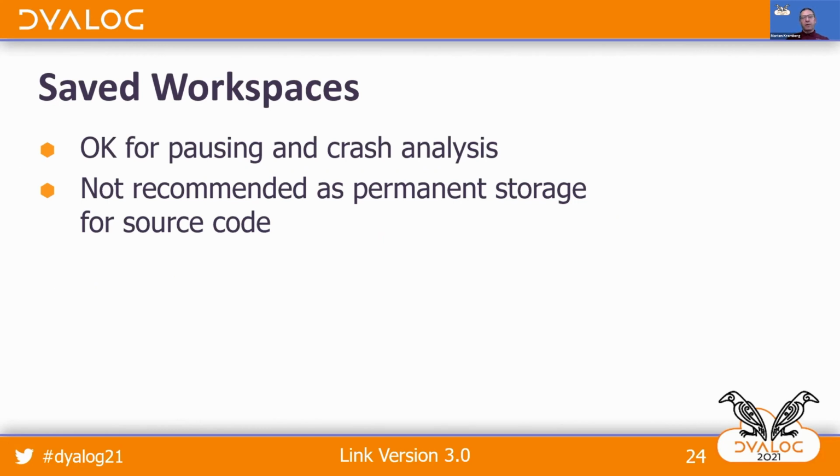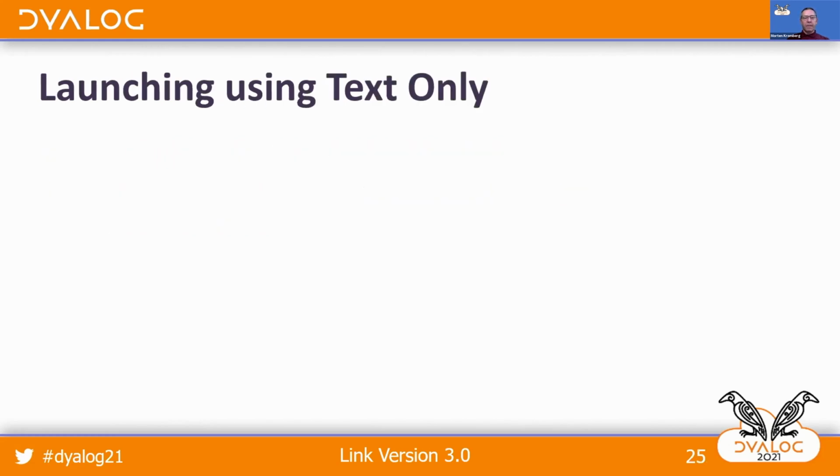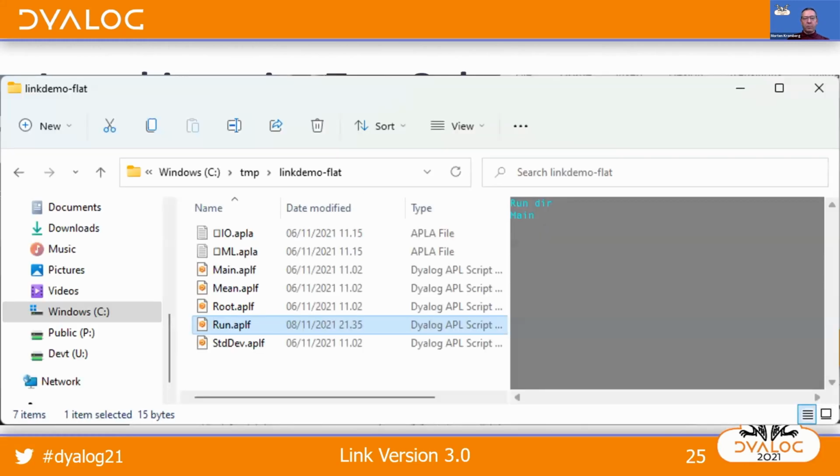You should use Link to update the text files, and then either have your own version control system by zipping up or copying, taking backups of those text files, or using, we would recommend, SVN, Git, or a similar system to manage the source code. Now, if you want to launch your application without workspaces, so a pure text-based system, you have a few options.